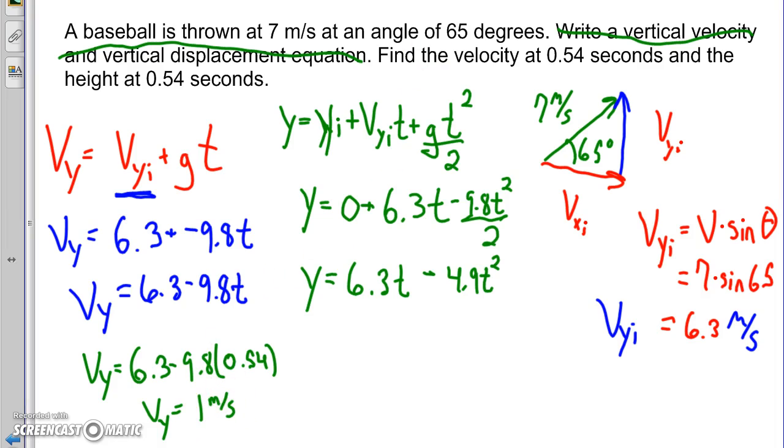Okay, over here, let's calculate the height at 0.54 seconds. So y is going to be equal to 6.3 times 0.54 minus 4.9 times 0.54 squared.